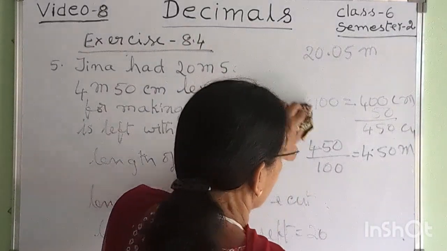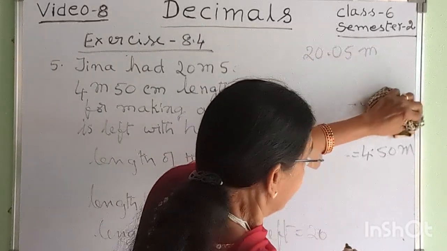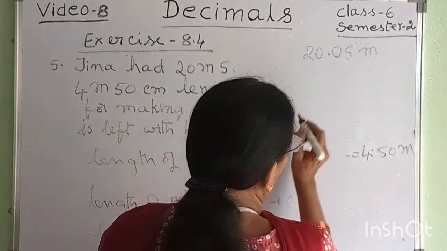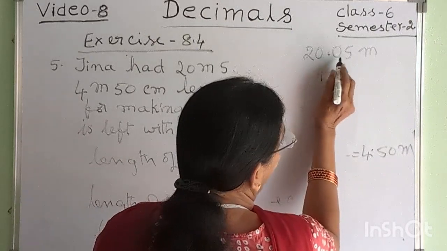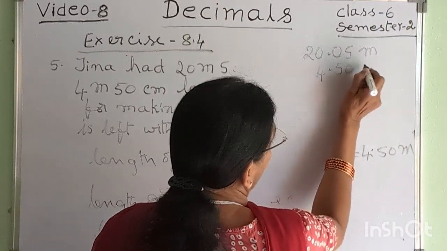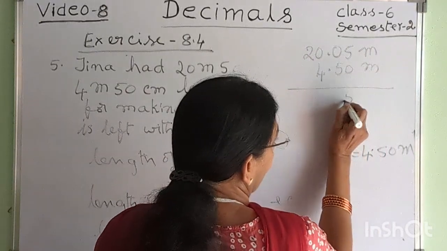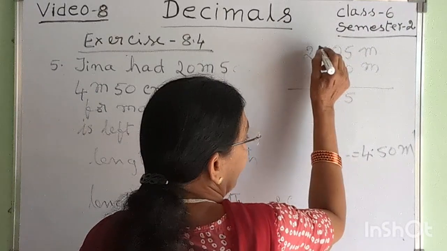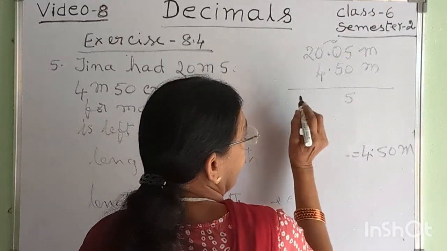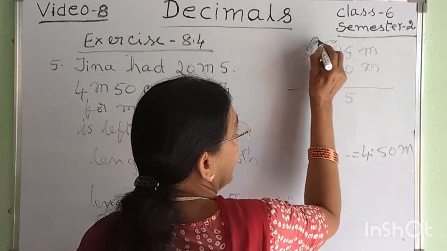So to find the remaining cloth, we have to subtract the cloth cut from the total length. So 20.05 meters minus 4.50 meters. Subtracting, 5 minus 0, 5. Here it is 0, therefore we will bring 1 from here. But here also it is 0, so we will bring 1 here.